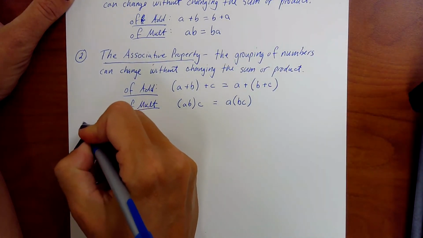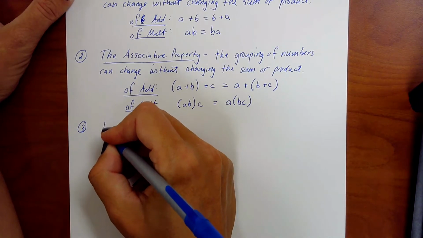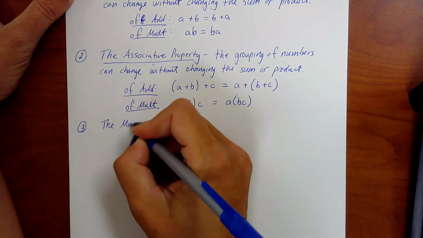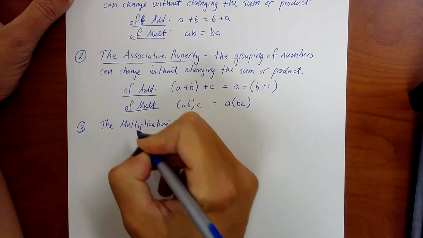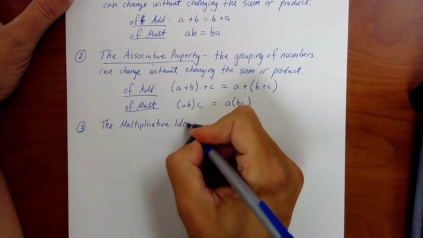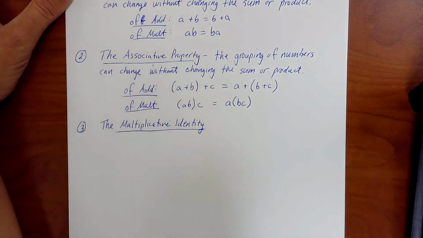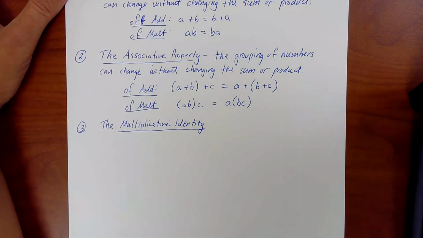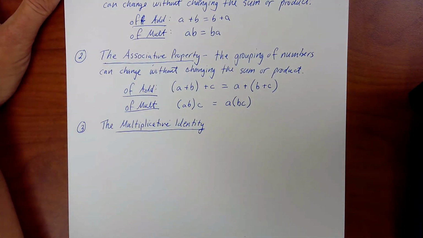Okay. Third one. The multiplicative, one of my favorite words, identity. Multiplicative identity. So identity is what? That is you, yourself, one.